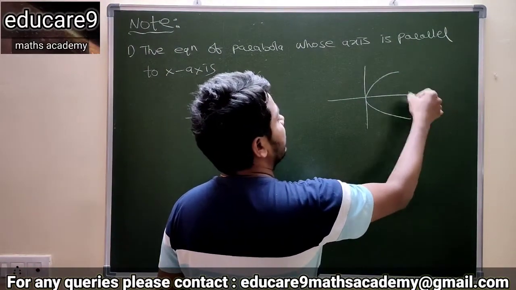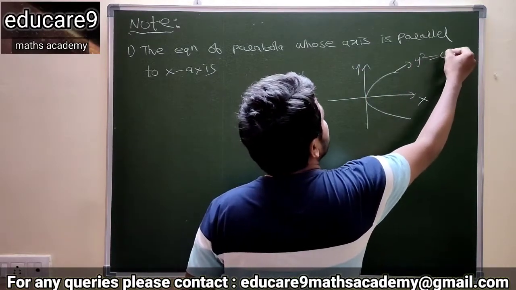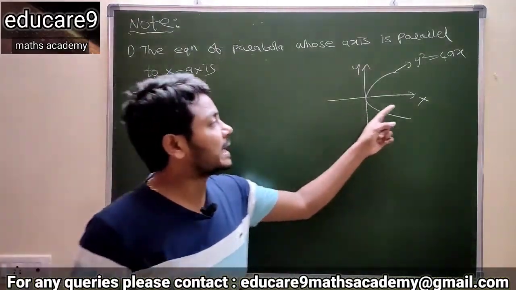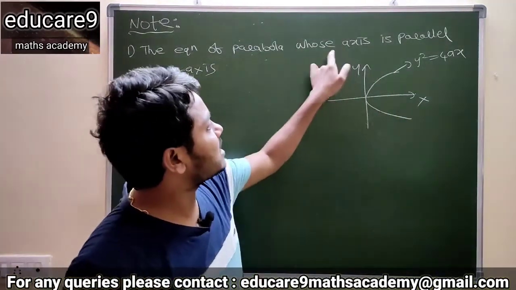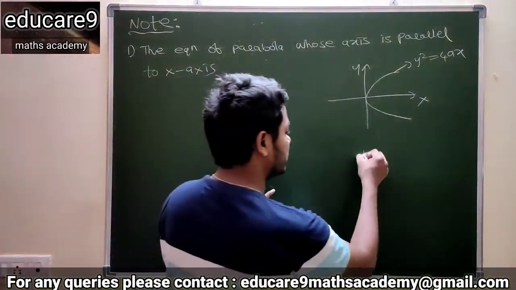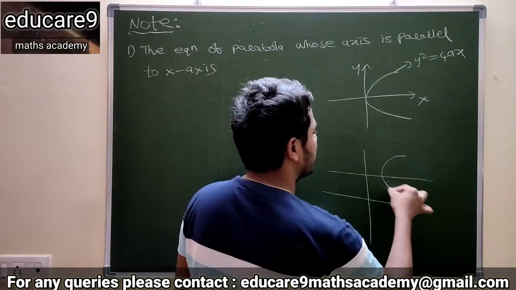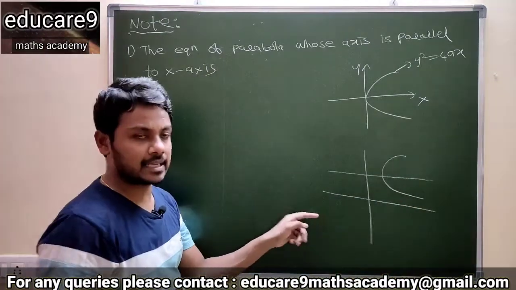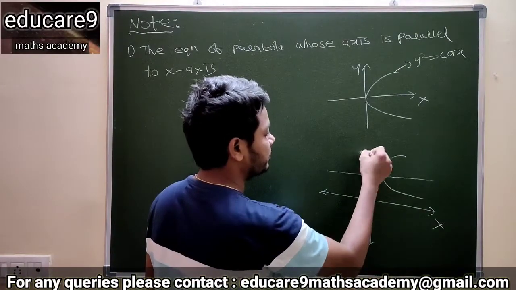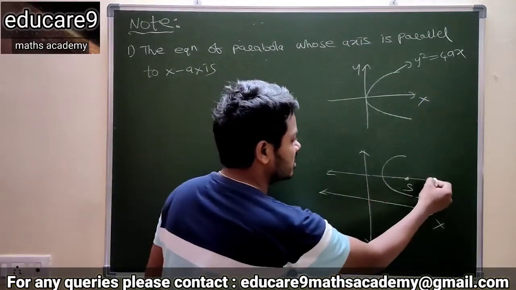These are the x and y axes. The equation is y squared equals 4ax when the axis is the x-axis. But here the axis is parallel to the x-axis, like this. This is the axis, parallel to the x-axis. This is the focus. So what is this equation?